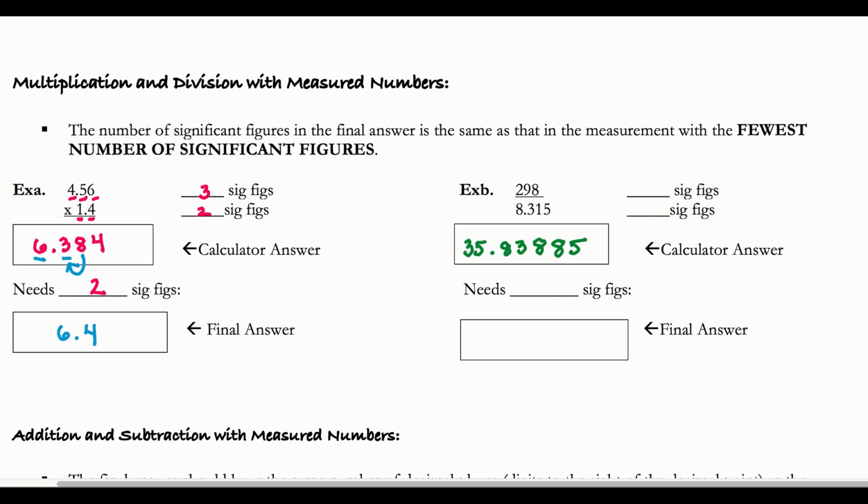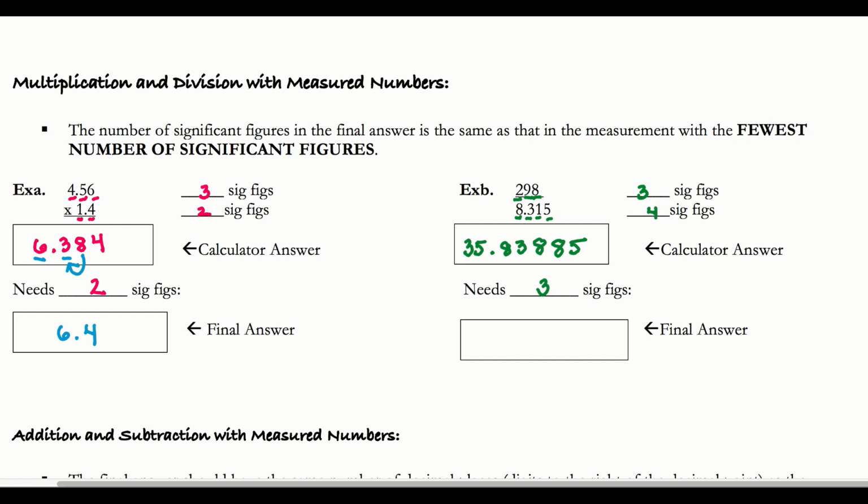Now, 298, there's not a decimal present, so I'm going to be counting from right to left. 8 is my first significant digit, so it's 1, 2, 3 sig figs for 298. 8.315, there is a decimal present, so I count from left to right. 8 is my leftmost number, so 1, 2, 3, 4 sig figs. Based on the rule, I want a total of 3 significant figures because that is the fewest. 298 only has 3, while 8.315 has 4.